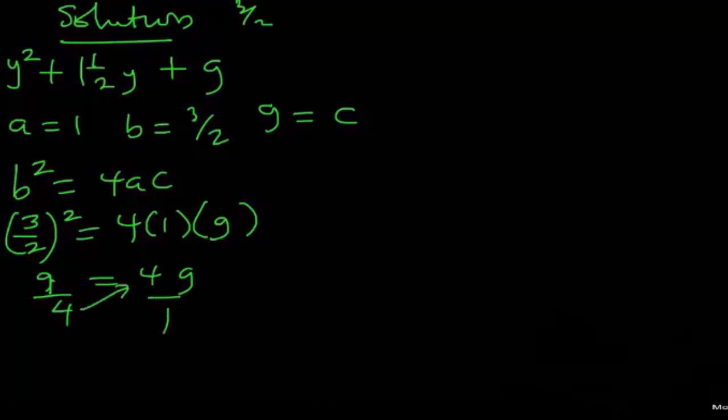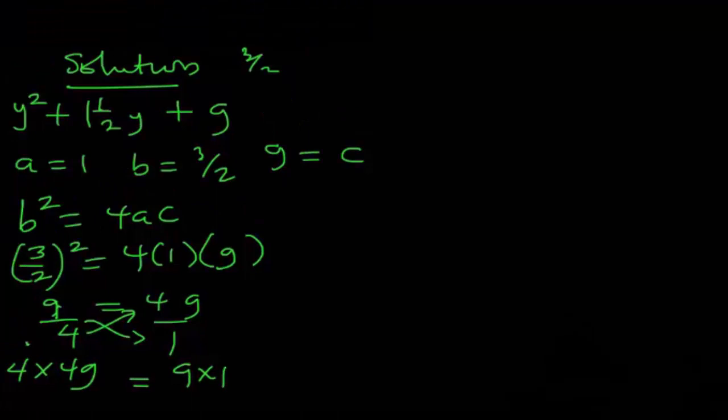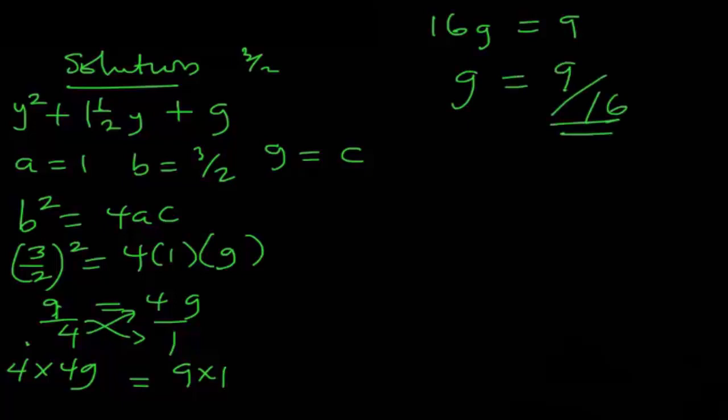If you cross multiply, you have 4 times 4g equal to 9 times 1, so 16g is equal to 9. So your g becomes 9 over 16. That's our final answer.